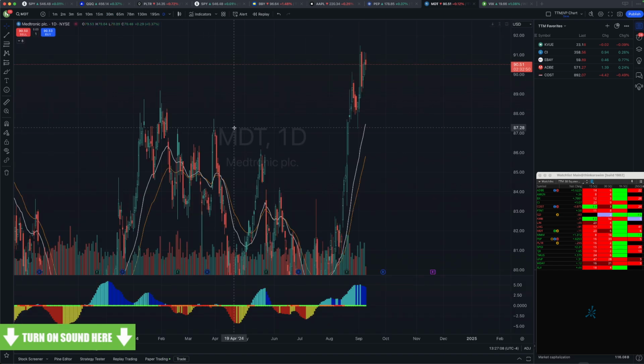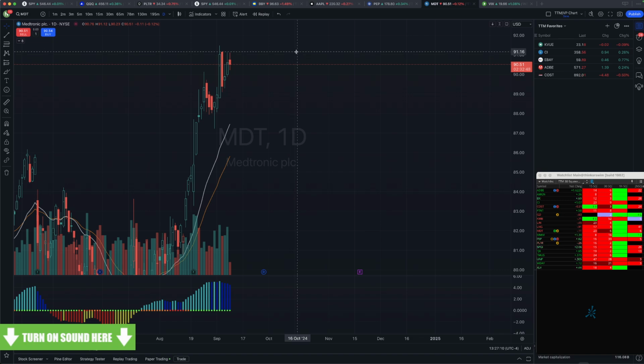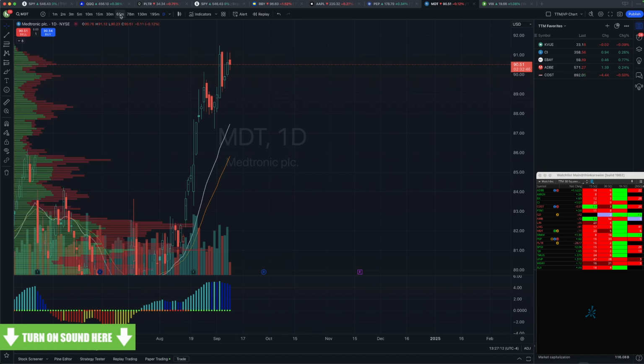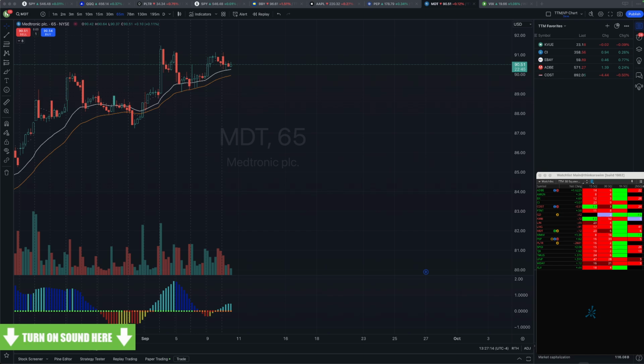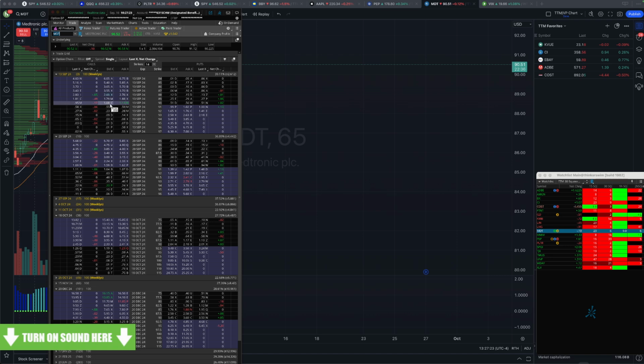Let's see how it is on the daily. Daily's pretty good. That thing might want 100. I'm sure MDT has decent options. So then I come over here and I grab my options. I'm like, okay, yeah, a $5, $6 spread there.